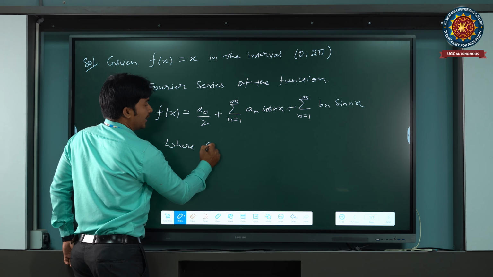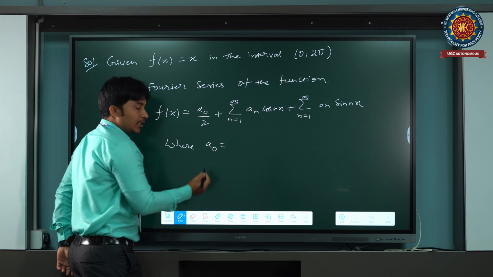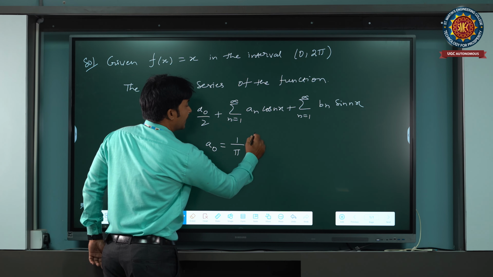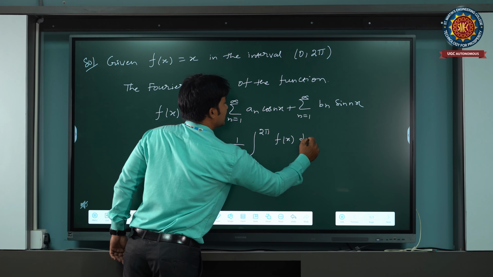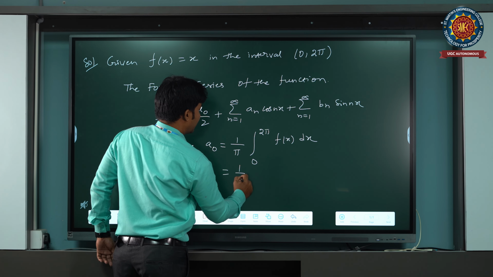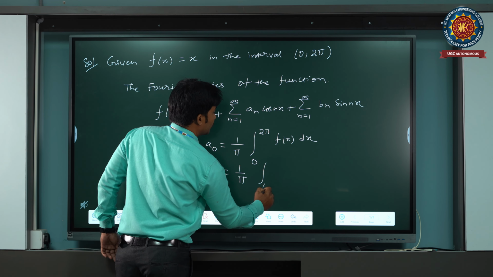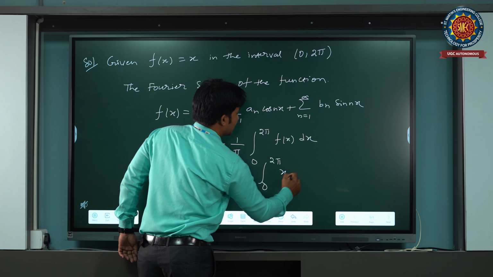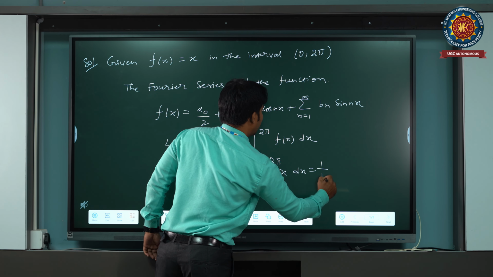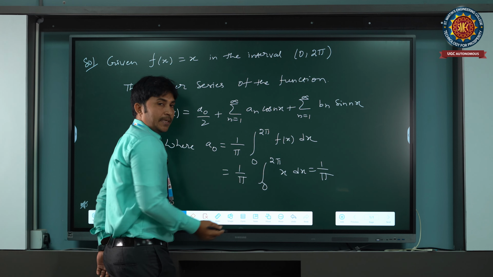where a naught equal to 1 by pi integral 0 to 2 pi f of x dx. Already given f of x equal to x, so 1 by pi integral 0 to 2 pi x dx.